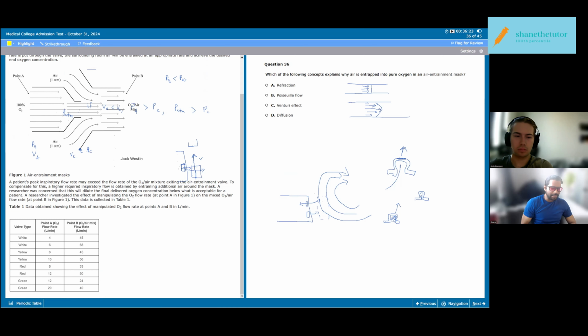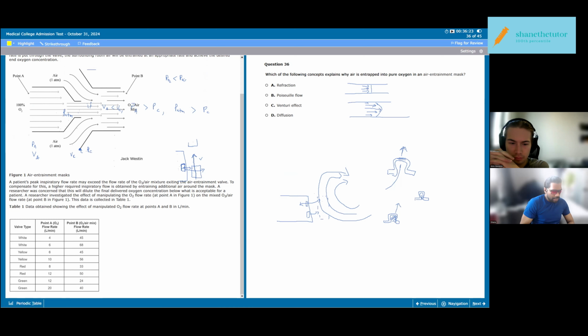To compensate for this, a higher required inspiratory flow rate is obtained by entraining additional air around the mask. A researcher was concerned that this will dilute the final delivered oxygen concentration below what is acceptable for a patient. A researcher investigated the effect of manipulating the O2 flow rate at point A in figure 1 on the mixed O2 air flow rate at point B. This data is collected in table 1.